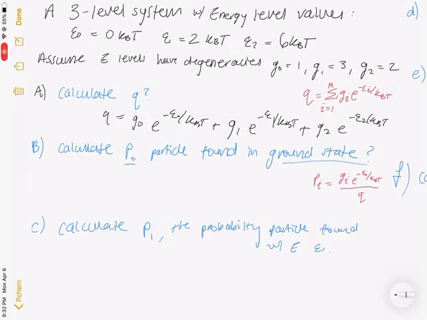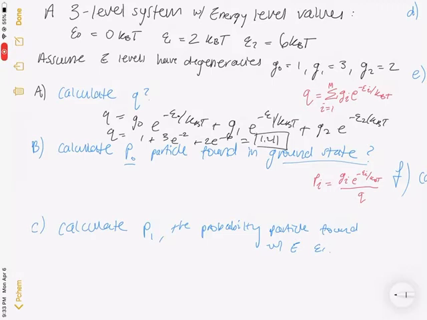If you plug in the values, Q equals 1 plus 3 e to the negative 2. The kBT cancels because there's kBT in the denominator. Plus 2 e to the negative 6, which gives you a total partition function of 1.41.